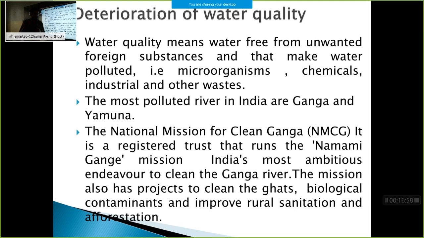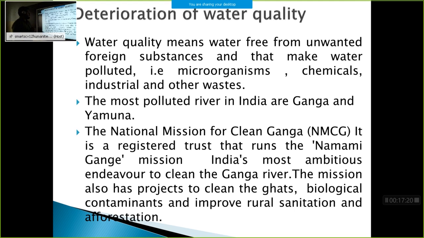You must have seen small streams when you go to your village, you can see lots of plastic bottles in them. See, these are the things that are making way for the pollution of this fresh water.